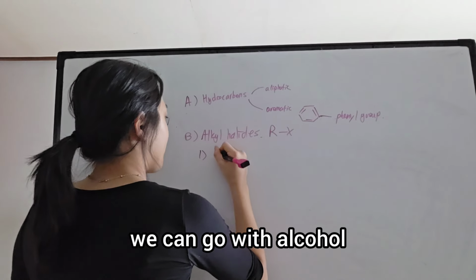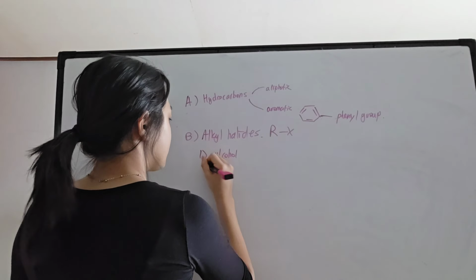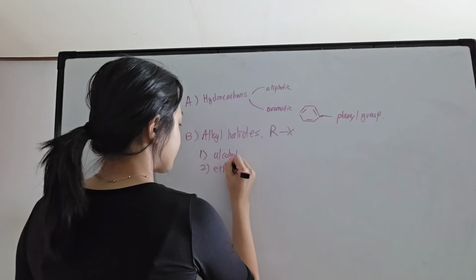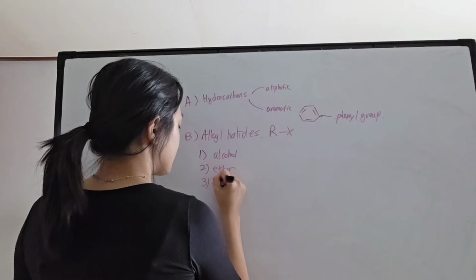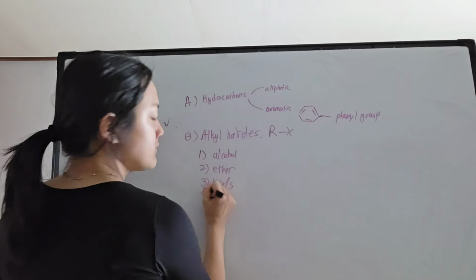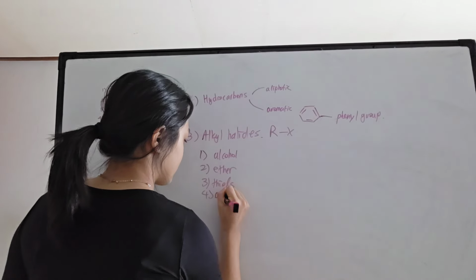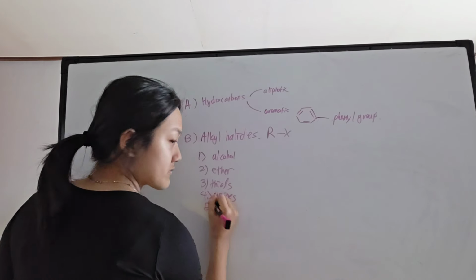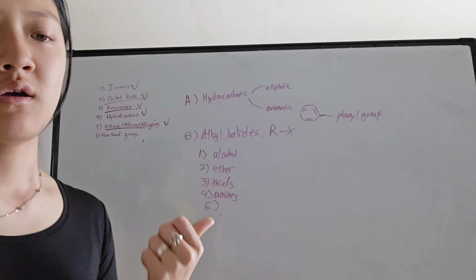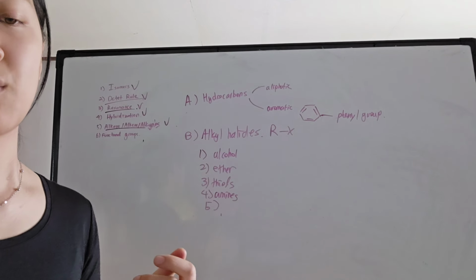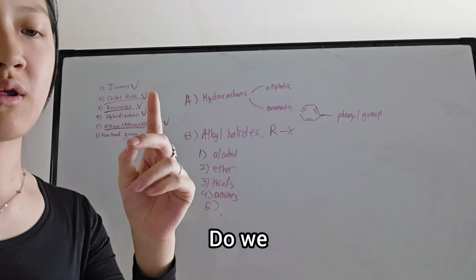So we can go with alcohol, ether, I think we had thiols. What else did we have? We had amines. We have a few more to go here. We have sulfide. Do we? Yes, we do.